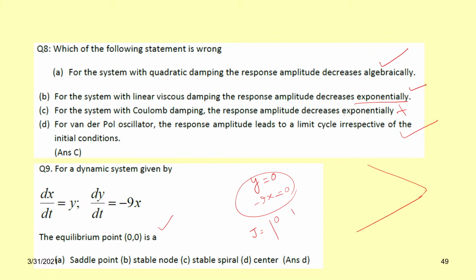Similarly for the second equation, differentiating with respect to x gives minus 9, and as there is no y, that entry becomes 0. So this is the Jacobian matrix.